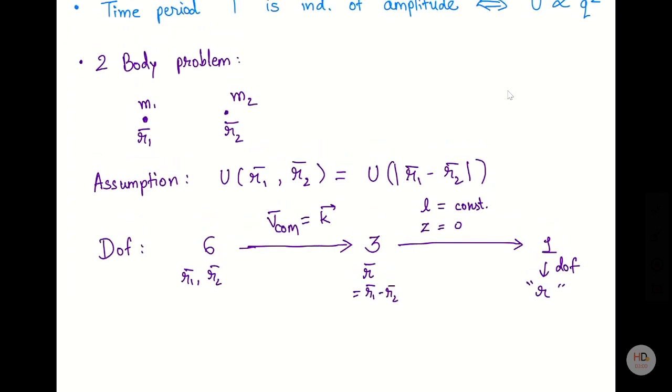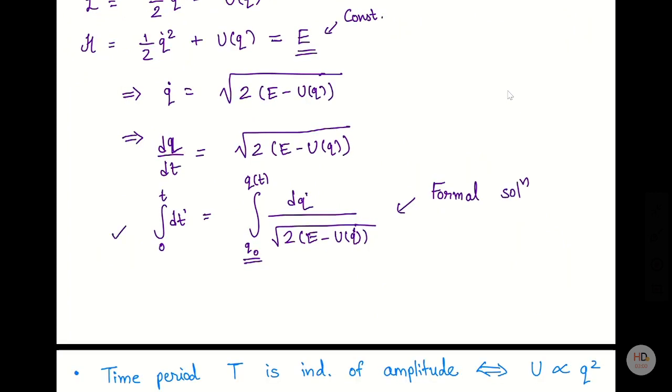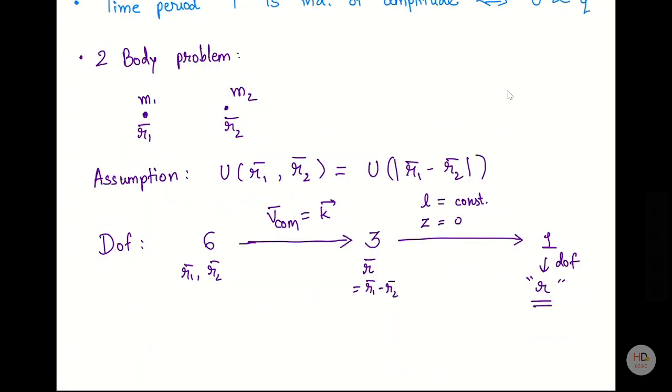We know that if we know the potential, then for 1D we have already seen that we can solve the system. So for 1D, what we get finally is the effective Lagrangian, or let me write the Hamiltonian: half mu r dot square plus half mu r square theta dot square plus u of r.